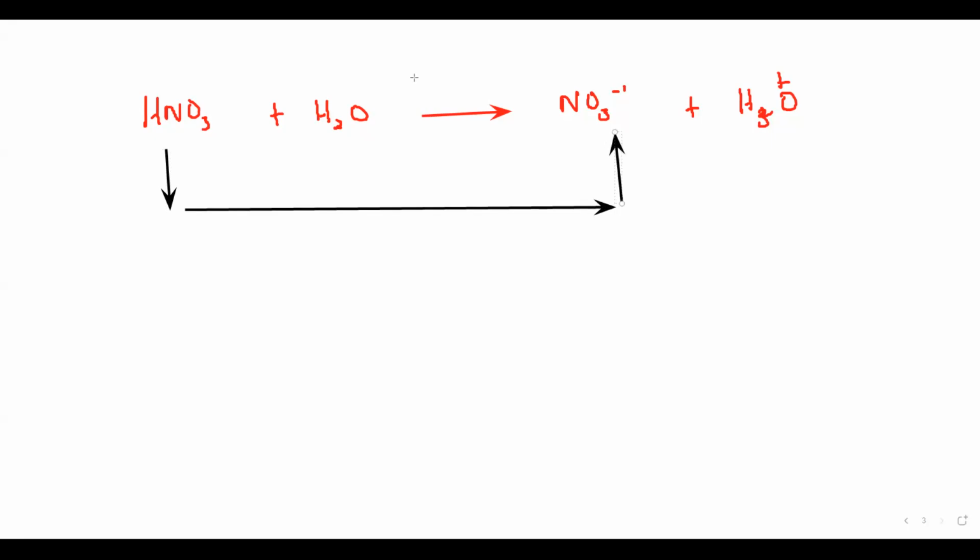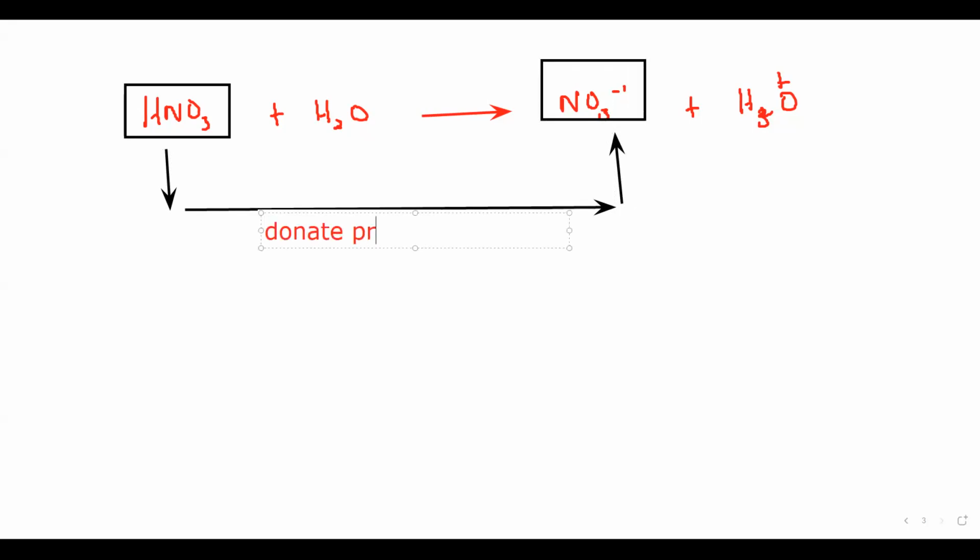What happened to HNO3 changing to NO3? Does it donate proton or accept proton? HNO3 becomes NO3 minus, so it also donates a proton. Whenever a substance donates a proton, we call that substance an acid. So acids are proton donors. The substance that gives a proton, we simply call an acid.